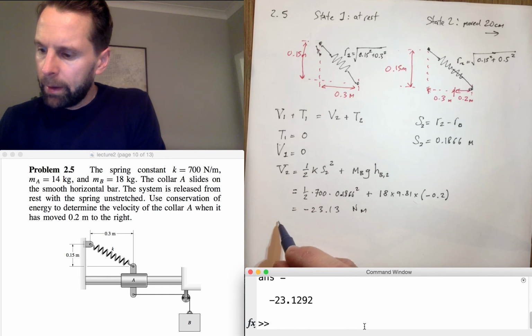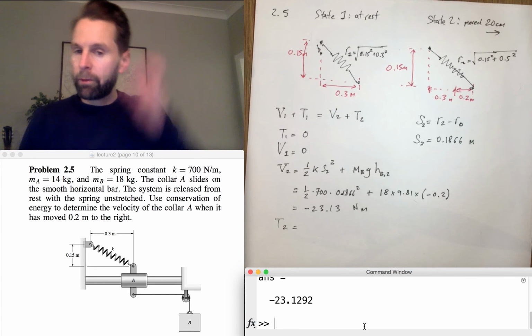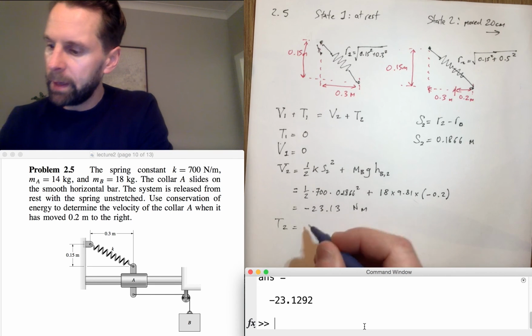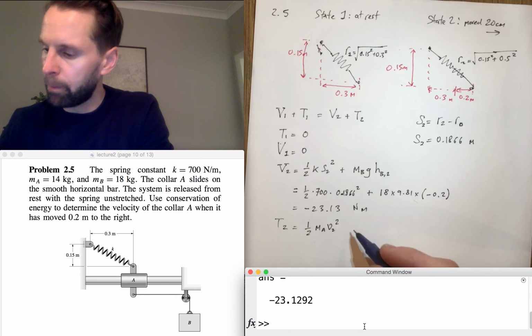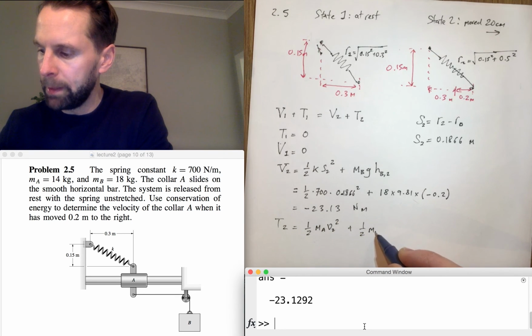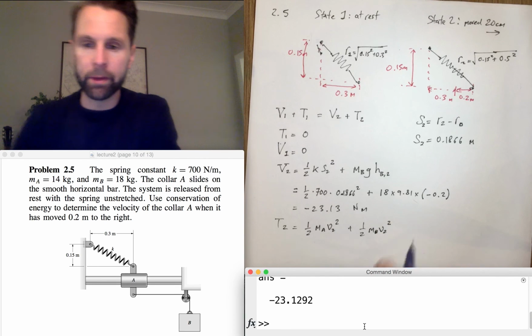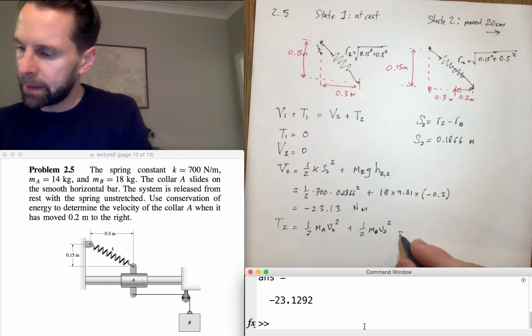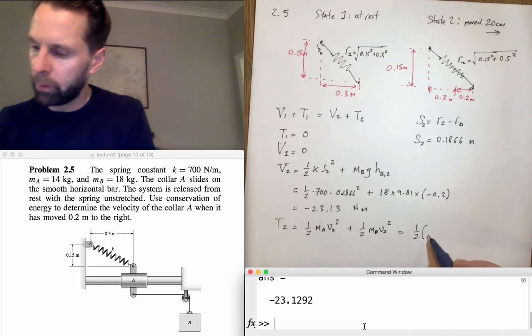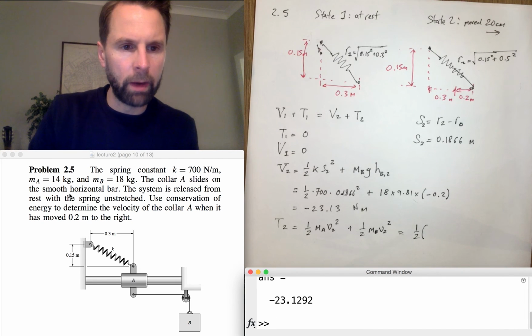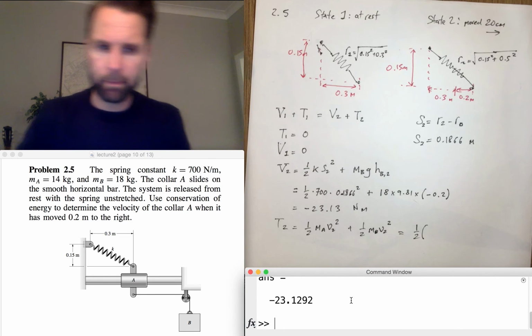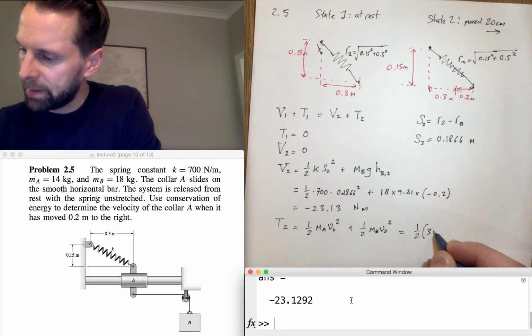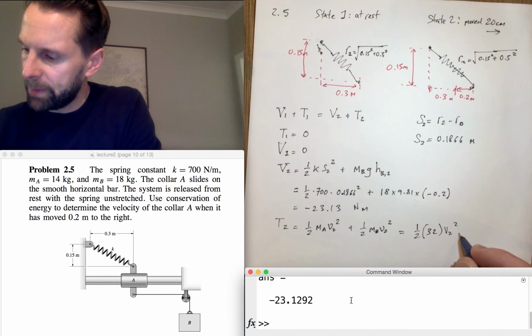So we're almost there. Our expression for the kinetic energy at state 2 is equal to half ma v2 squared plus half mb v2 squared. The speeds are the same because they're connected, and that simplifies to half, well, the two masses added together give you 18 plus 14 is 32, so half of 32 times v2 squared equals 16 v2 squared.